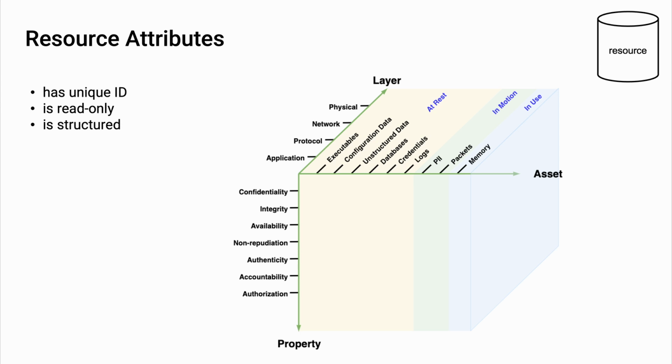Whether or not the resource is structured is important because that informs us as to whether or not we're dealing with a database. It's important to know whether or not a resource contains PII or credentials. Both are important and significant. We deal with them separately, but fundamentally, they're characteristics of the data within the data store.